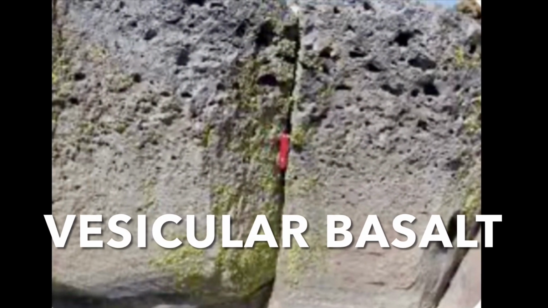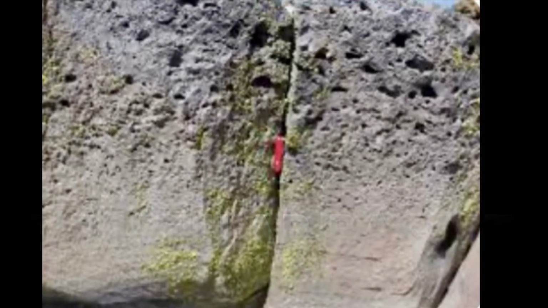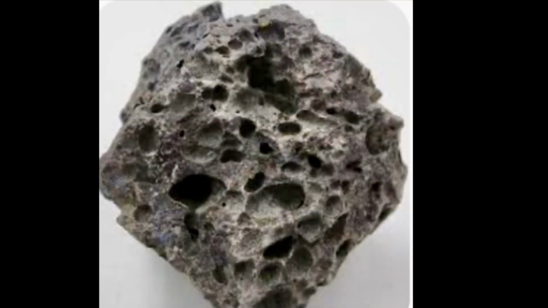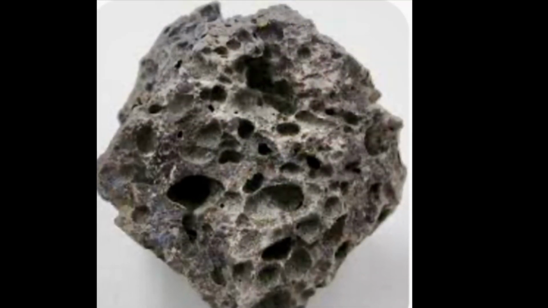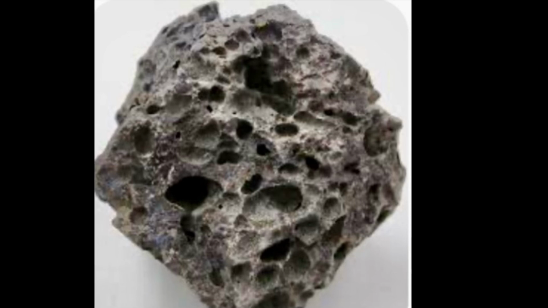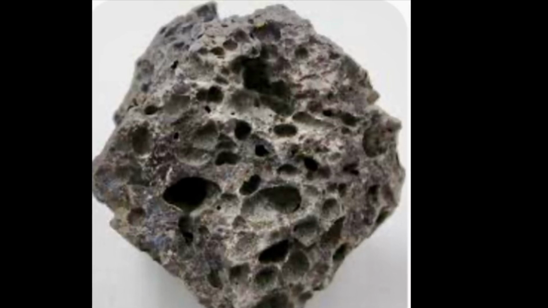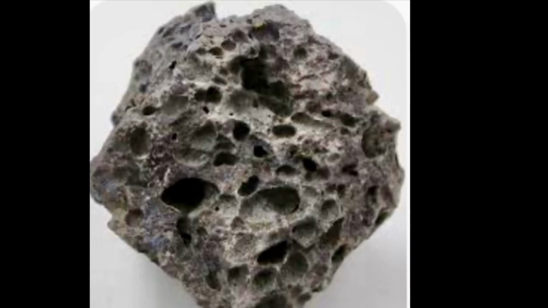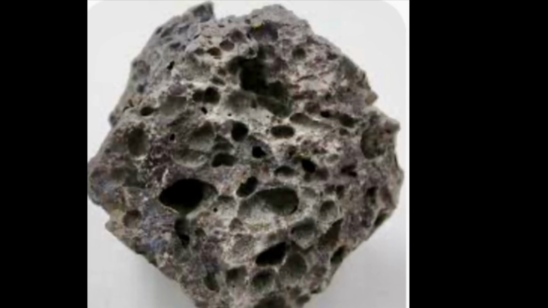Hey rock buds, now let's take a look at agates. Here's a thick layer of vesicular basalt. As the basaltic magma rises, the pressure comes off of the gas bubbles that are in it, and so those gas bubbles expand, creating these pockmarks in the basalt.